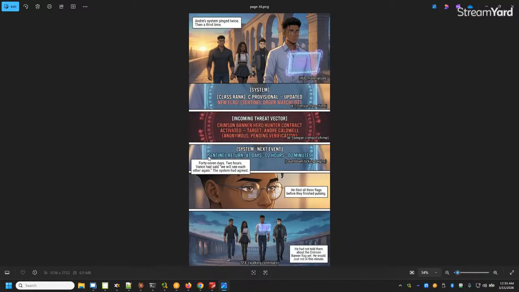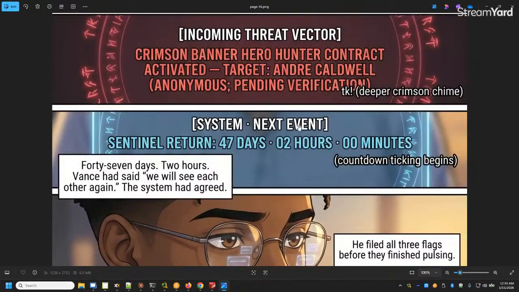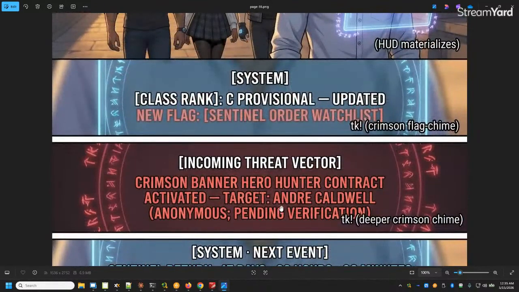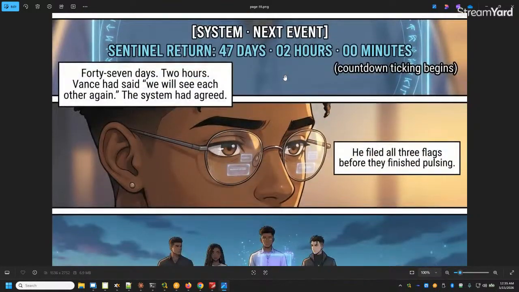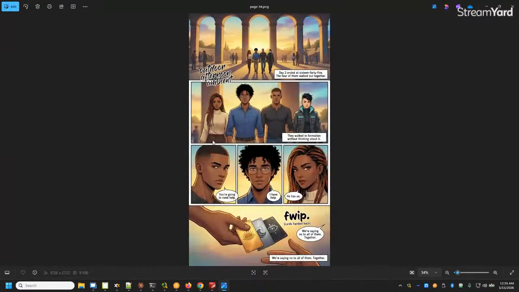I don't know what the Sentinel Return event is in reference to. That could be the length of the contract hit. That's my guess. Like the contract for him will last 7 days, 47 days, and 2 hours, and he's rank C, and he's on the Sentinel Order watch list, and on the Crimson Order watch list as well. Or not really on the watch list, but Brandon's.